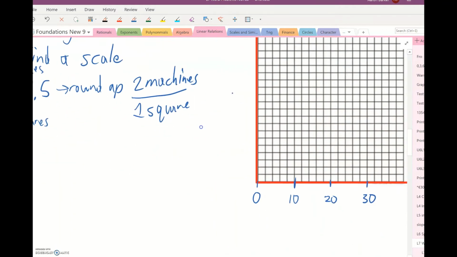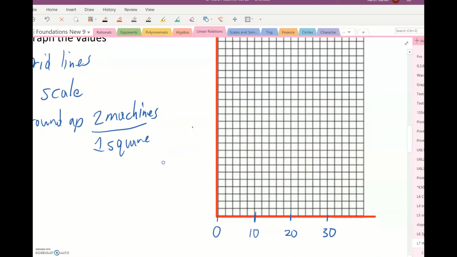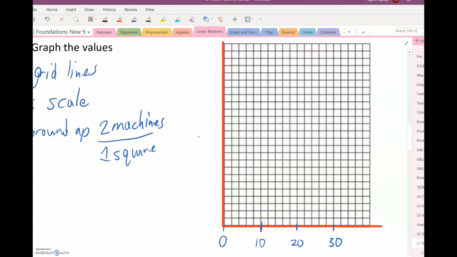Now we have to do the other scale. Okay, so then we have to count how many squares we have going up. So going up, we have 1, 2, 3, 4, 5, 6, 7, 8, 9, 10, 11, 12, 13, 14, 15, 16, 17, 18, 19, 20, 21, 22, 23, 24, 25.